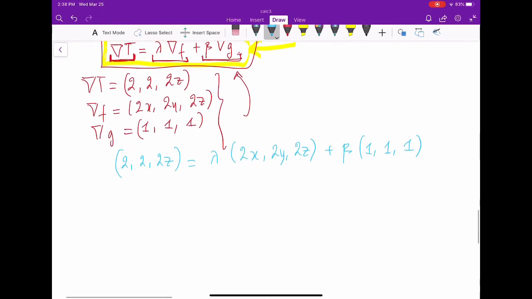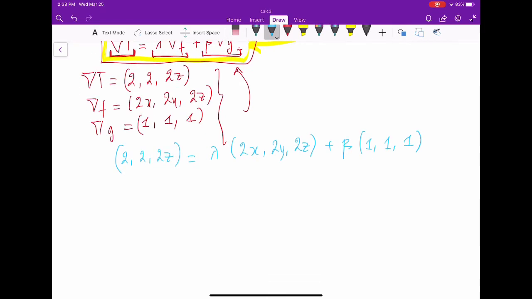So if you write this down, you have the following equations. 2 equal to 2 lambda x plus beta. That is for the first coordinate, right? For the second coordinate, you get 2 equal to 2 lambda y plus beta again.